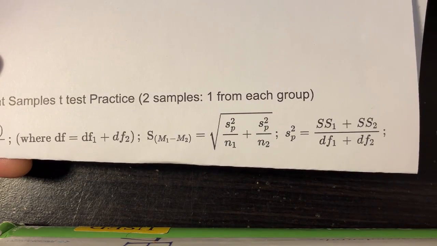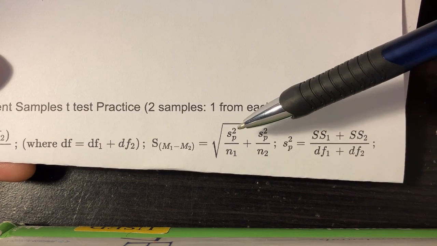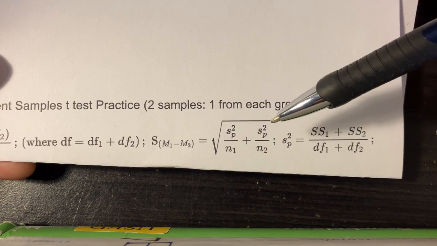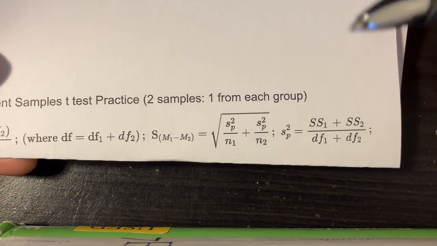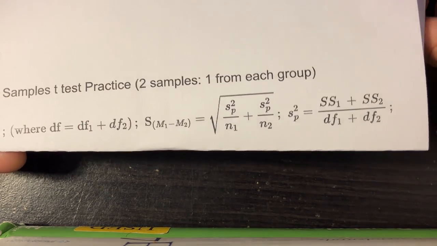I'll just fold the paper. All right, so the standard error is the pooled variance over the sample size of the first group plus the pooled variance over the sample size of the second group, and take the square root of that. So you're not going to see the formula. I'm just going to copy it on the paper and then we'll work through it.